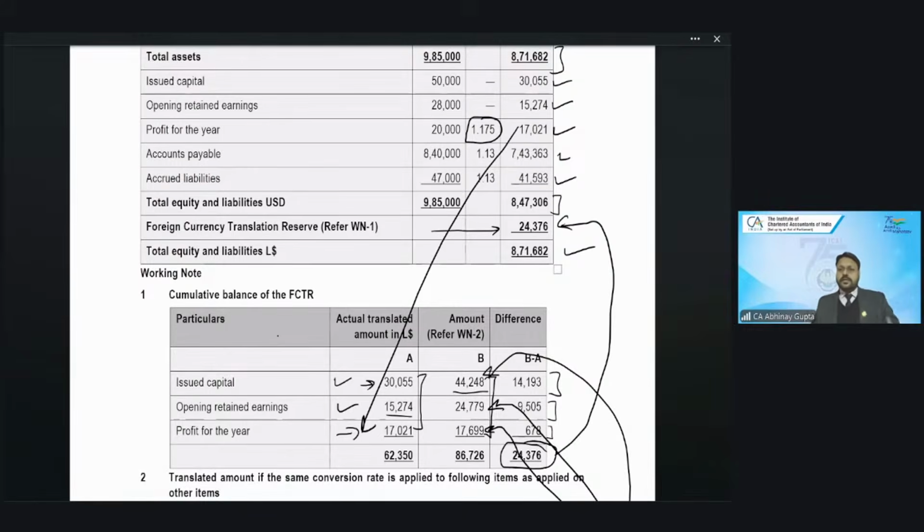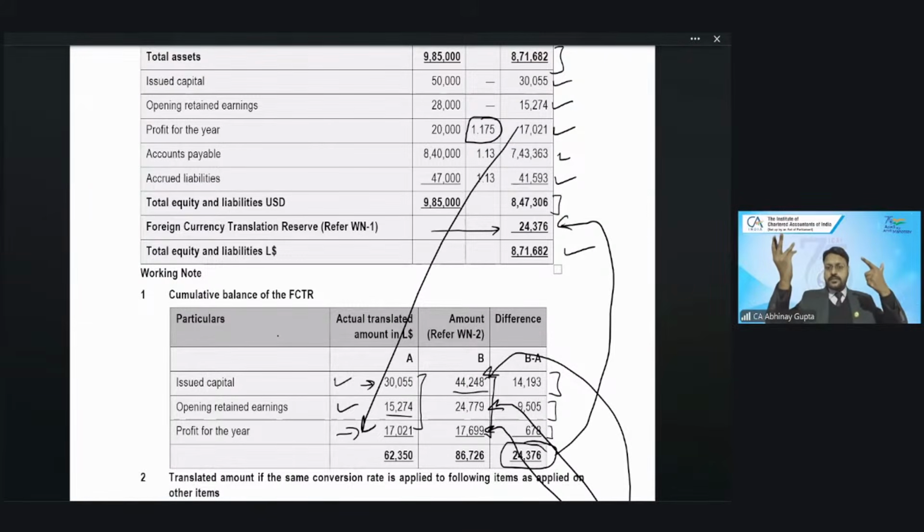Because see, my balance sheet has two components. One is the assets and liabilities, and the other is the shareholders' funds. Shareholders' funds has two components: issued capital plus retained earnings. Yes or no? So whatever is the foreign exchange gain or loss arising on this set of assets and this set of liabilities will eventually be compensated by what?